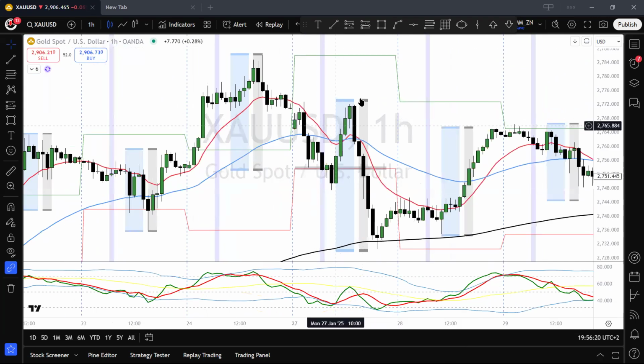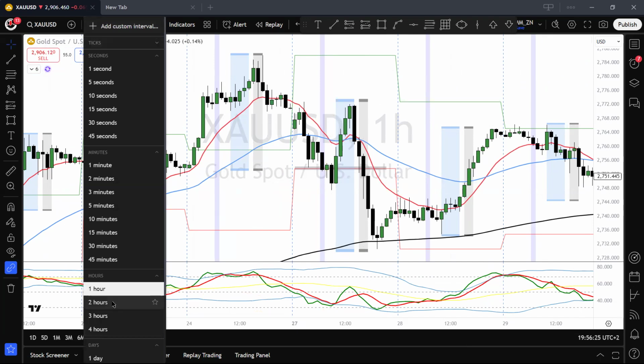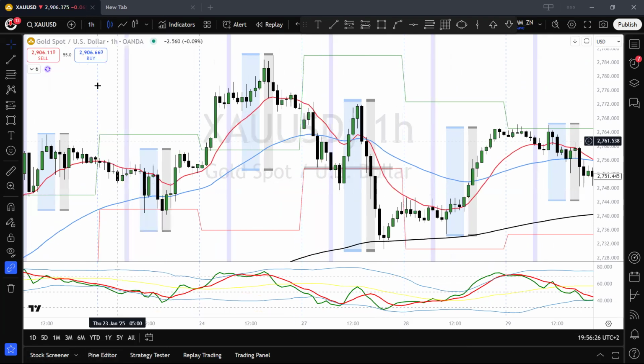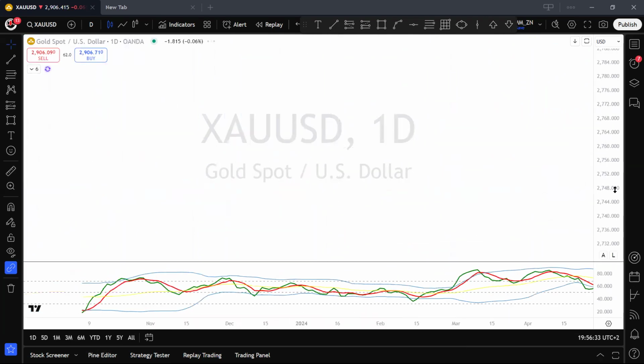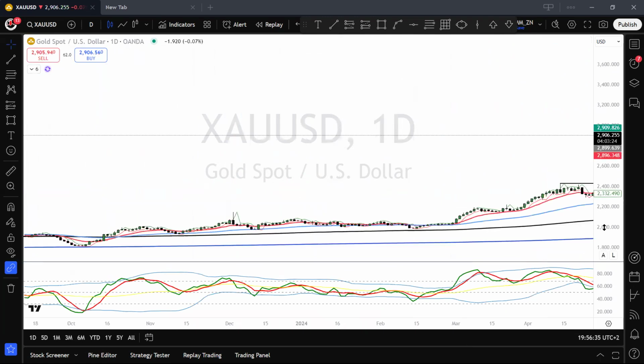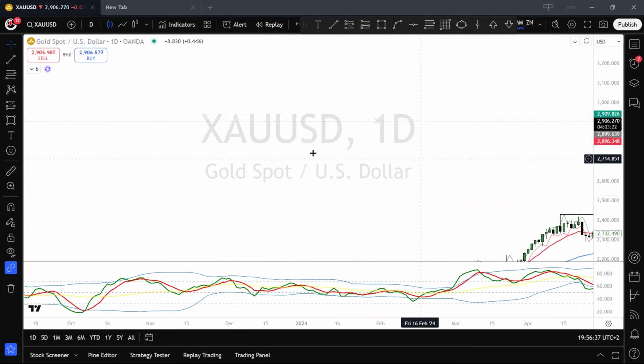So if you want to start this analysis from a daily chart, let me put everything into one so that you guys can see how we can do multi-time frame analysis to come up with our setups. Okay, these are the candles.